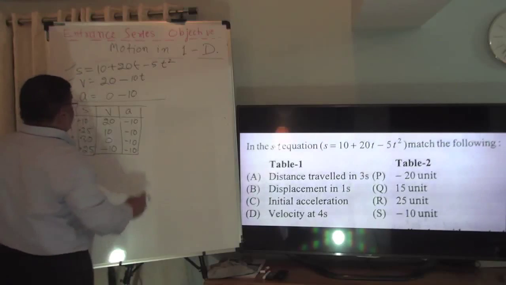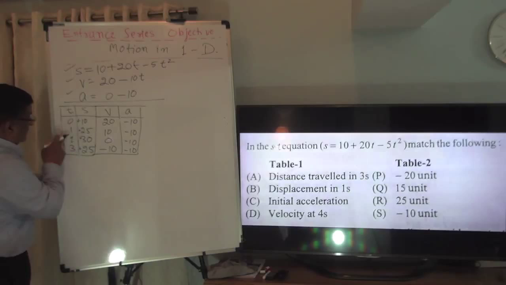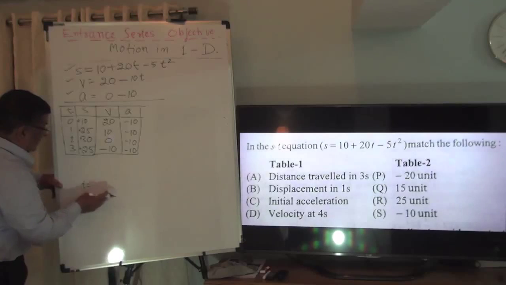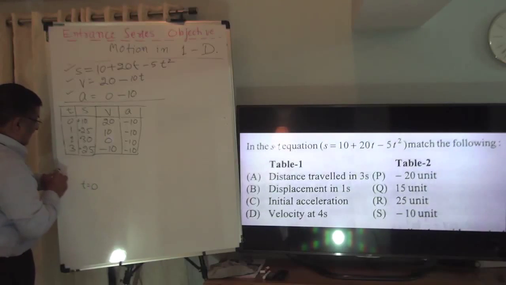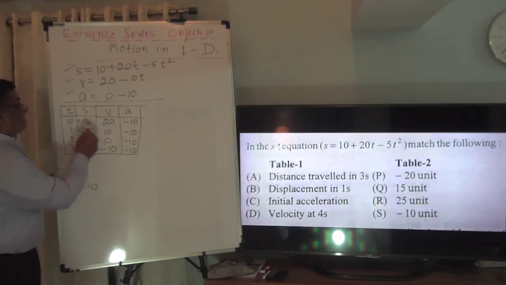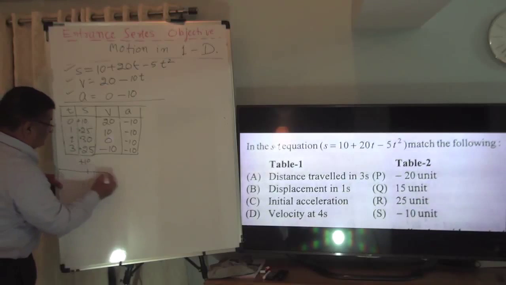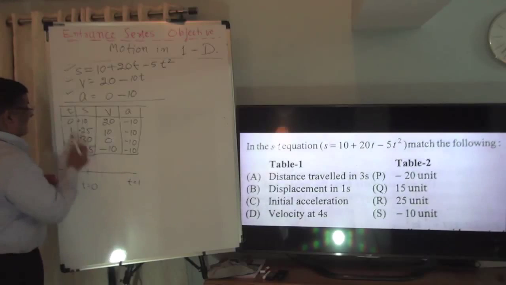Okay, I started when t is equal to 0. 1, 2, 3. Only 3 seconds. T is equal to 0. The position is plus 10. It starts from somewhere here. T is equal to 1 second.